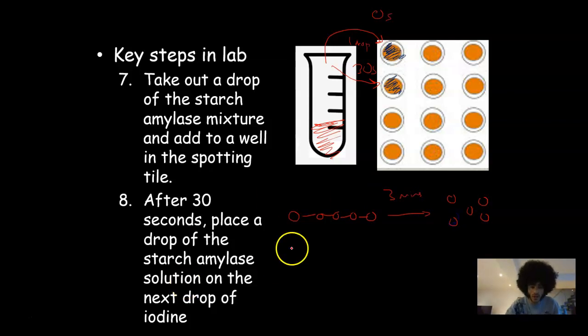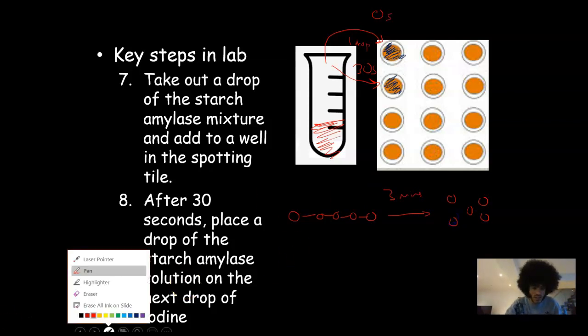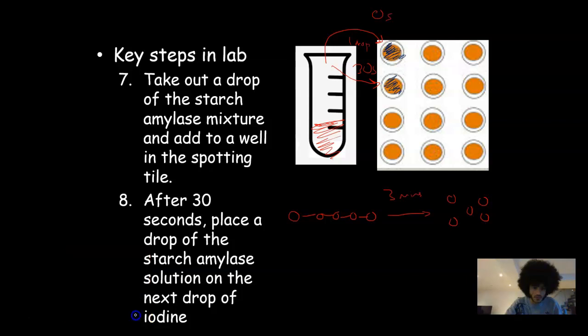So what you might find is as the minutes progress and you keep doing this method, this will be the 60-second mark, the 90, the 120, and this is 180, so this is a 3-minute mark.